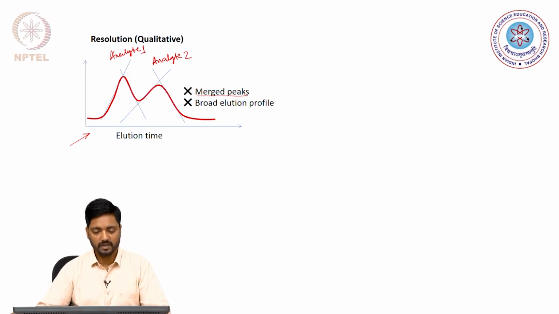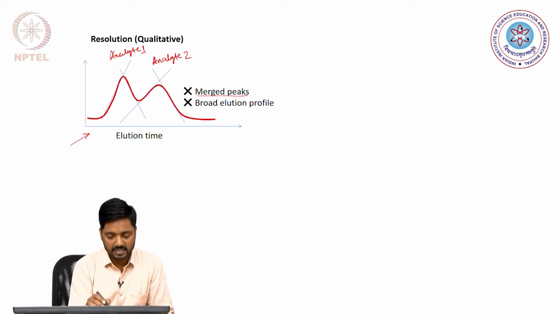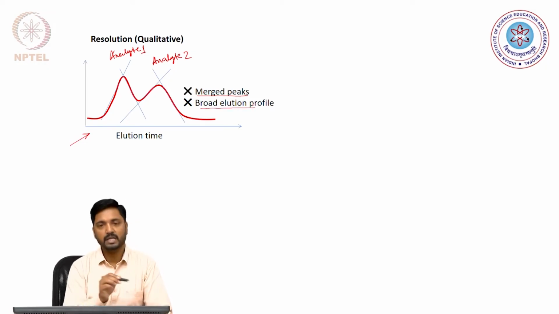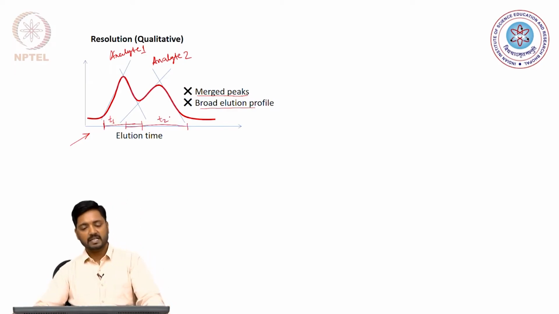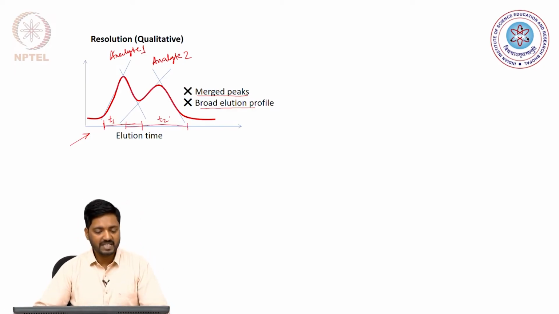Alongside, what we observe is that there is a broad elution profile. That means, the times that the analytes take to come out of the column are significantly spread out, which now we denote as T1 and T2.